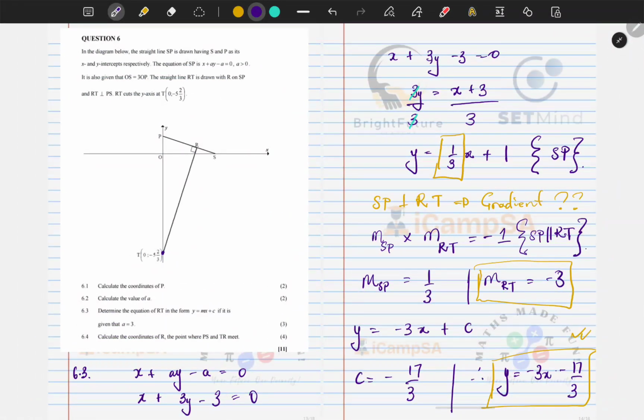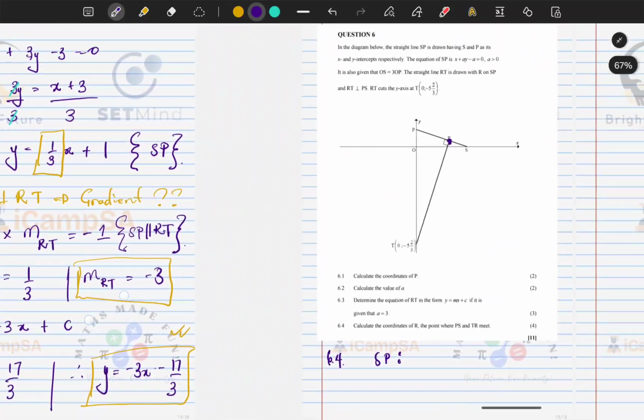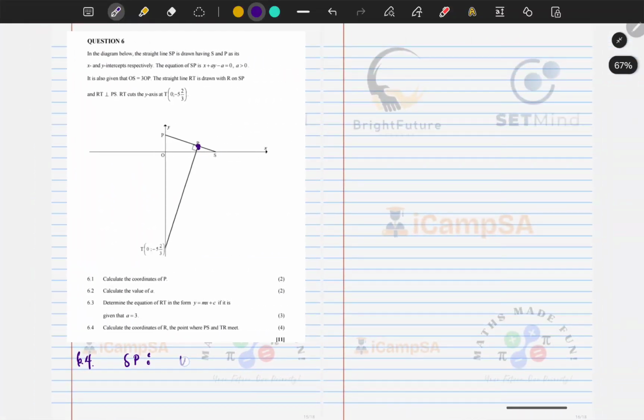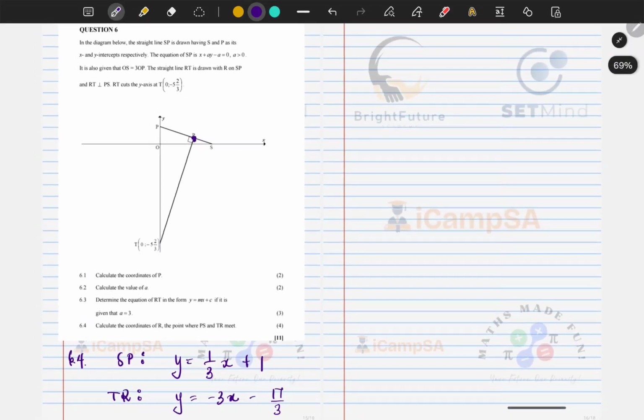It was y is equal to 1/3x plus 1, right? And then your TR is going to be y is equal to negative 3x minus 17 over 3, right?